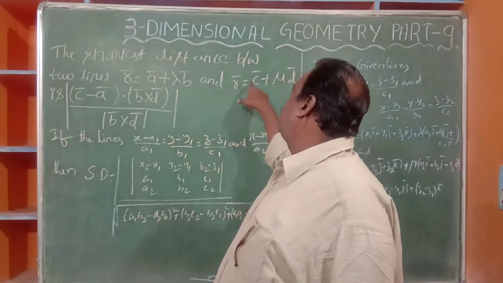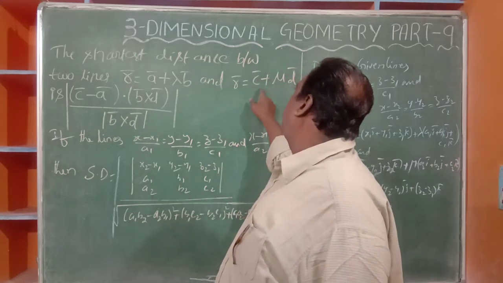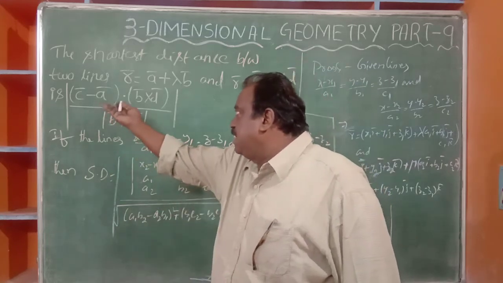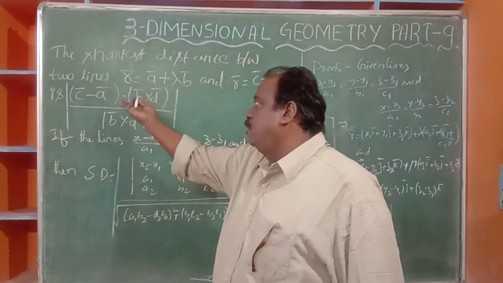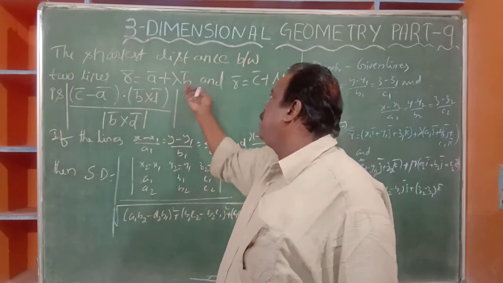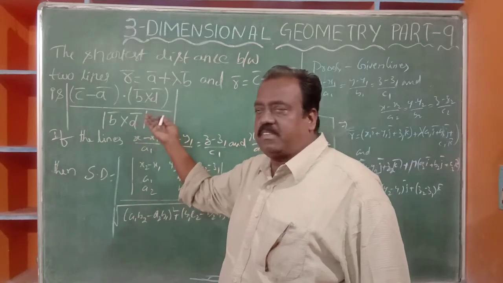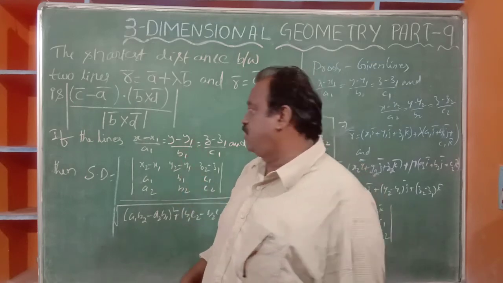The second line passes through the point C, whose position vector is c bar, and is parallel to vector d bar. Then the shortest distance is the modulus of (c bar minus a bar) dot (b bar cross d bar) divided by the modulus of b bar cross d bar, with the total in the modulus.